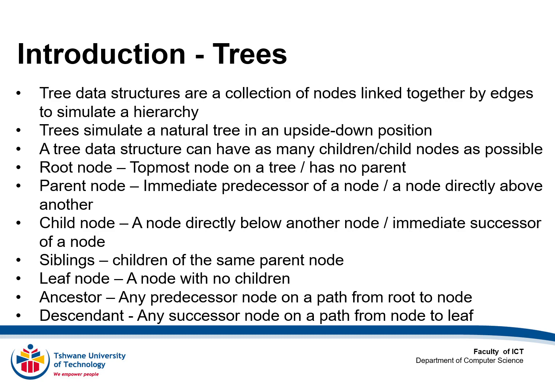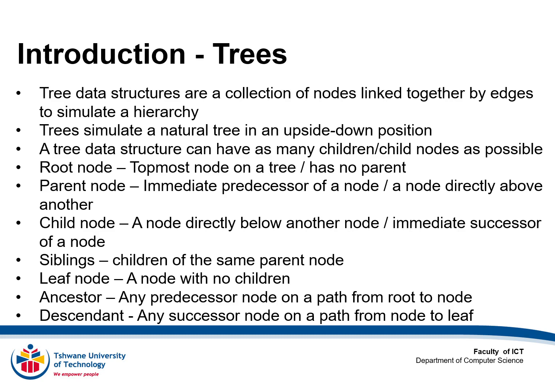The tree data structure basically simulates a natural tree, but in an upside down position. The reason for that is the root node of a tree data structure is at the top instead of at the bottom, similar to natural trees.